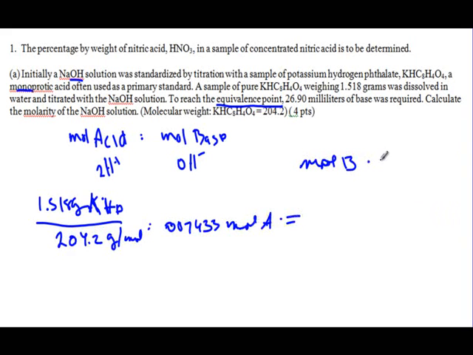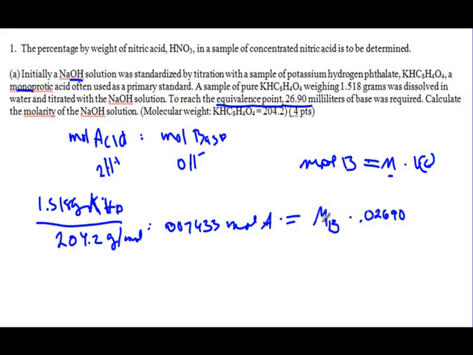Now that moles of acid is going to equal my moles of base, and we know that moles is equal to molarity times the volume in liters, right? We're trying to find the molarity of the base, times the volume in liters. Now we're given this in milliliters, 26.90, so in liters that's going to be 0.02690.